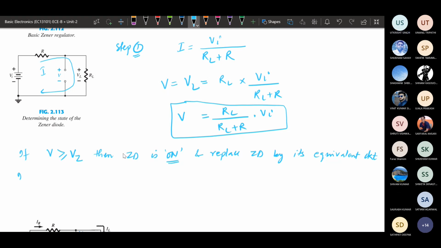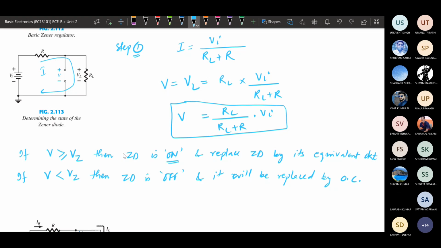The second case is if whatever voltage V we have obtained is less than Vz, then the Zener diode is in off mode, and it will be replaced by an open circuit.